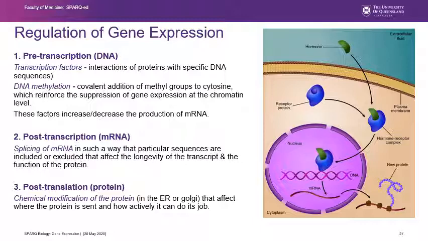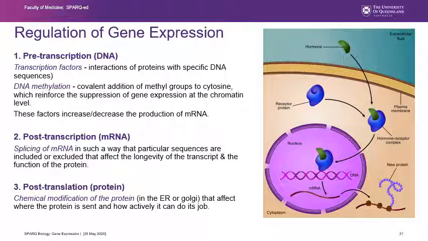Another way that it can be regulated within the nucleus is methylation. Methylation is the covalent addition of methyl groups to the base cytosine. This reinforces the suppression of gene expression at the chromatin level because the chromatin in the presence of these methyl groups is more compacted, so it's actually harder to start the transcription process, which remember is unwinding, unzipping, and then the RNA polymerase has to get into the DNA to code it and make a copy of it.